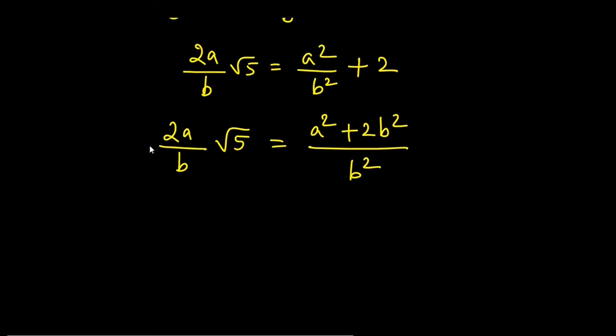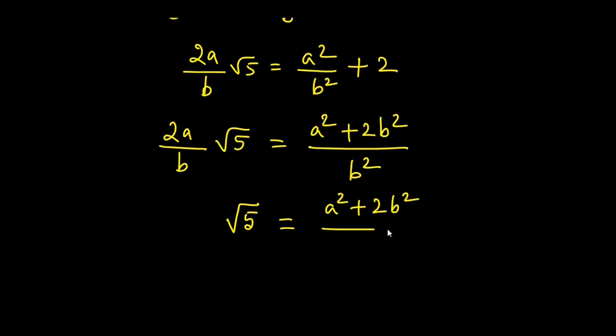Now keep only root 5 on the left side. Root 5 is equal to a square plus 2b square by 2a, and the denominator comes to this side, 2a. Here b gets cancelled, only 1b remains here. So the denominator becomes 2ab. Root 5 is equal to a square plus 2b square by 2ab.